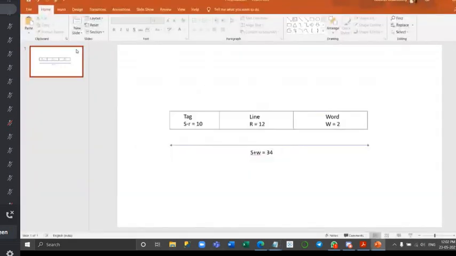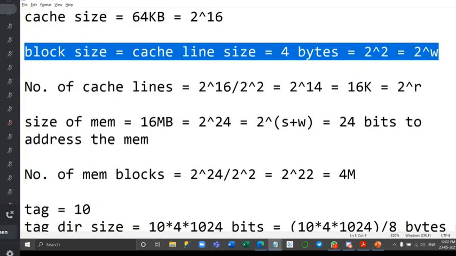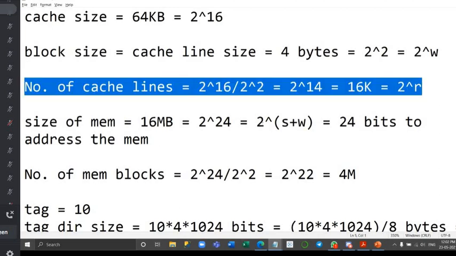Let me fill this into the PPT. R is determined by the number of lines in the cache, 2 to the power 14, so R is 14.